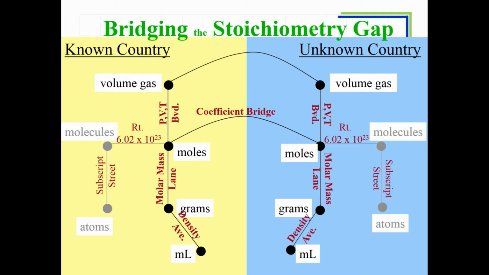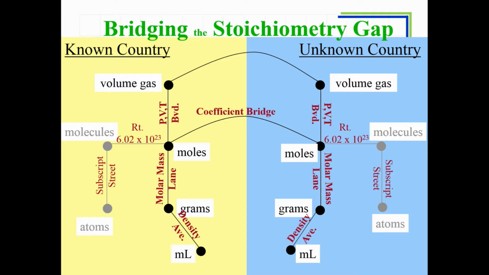But we won't always go from volume of gas over to volume of gas, and if we did, we could use that top row directly because we could think about our coefficients in terms of volume units if they are gases. That only works if they're gases. So we could travel across the top and not have to go down there. Or maybe we're not wanting to know the volume of a gas of an unknown. Maybe we want to know its grams, in which case we have to go down that molar mass lane.